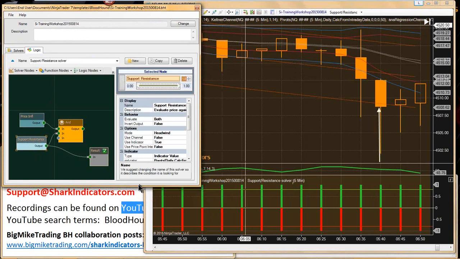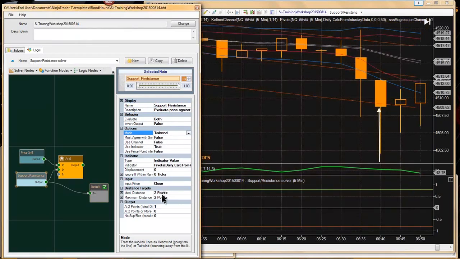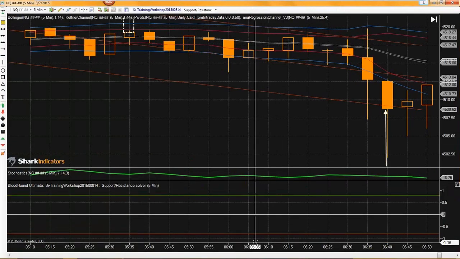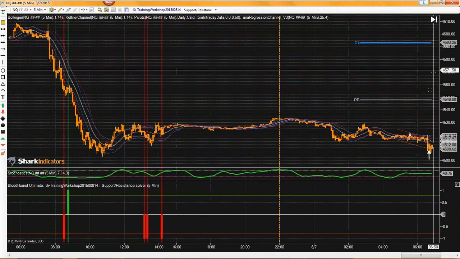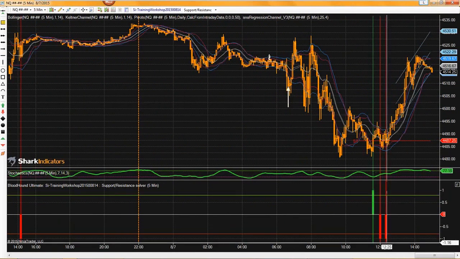I'm going to set this support resistance solver up for tailwind mode, and let's set tailwind up to 1 point, and see if I can find some place on the chart that works here. And yep, here we go.